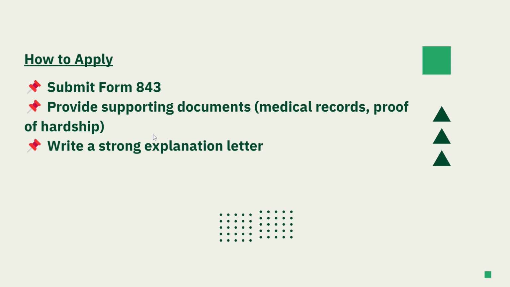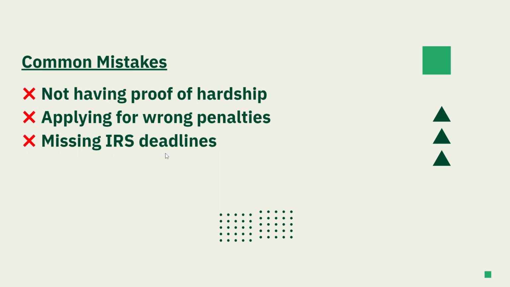And like I said, that takes some time, right? Because you submit that and then it has to go through the proper review chains. So expect a couple of months before you hear back on that petition. So common mistakes, right? Again, with penalty abatement other than first time abatement, if you don't have proof of the hardship, if you're applying for the wrong things or you're missing the deadlines, it's going to be a no, right?